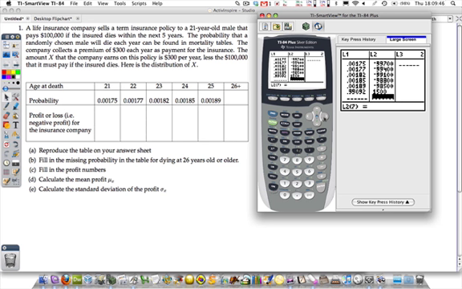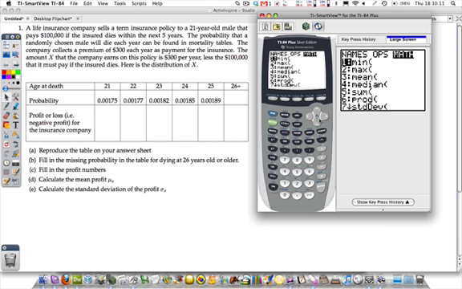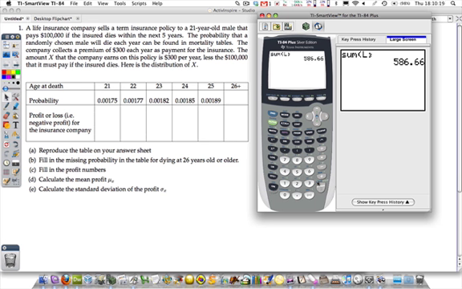To find the mean, all I need to do is multiply list 1 times list 2. This multiplies the probabilities times the random variable values, and puts it in this table here. Now I should be able to sum up that table, L3: second, list, math, sum, L3. 586.66.